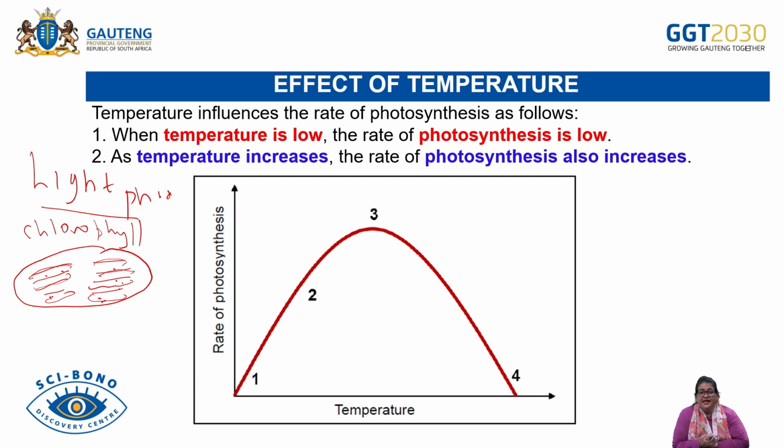Now, what is the main purpose of chlorophyll? Chlorophyll is the one that absorbs your red and green light. Remember, light is white, but there are different wavelengths of light. And you find that the red and the green wavelengths are used to the optimum level. So this chlorophyll actually absorbs your red and your green light, right?